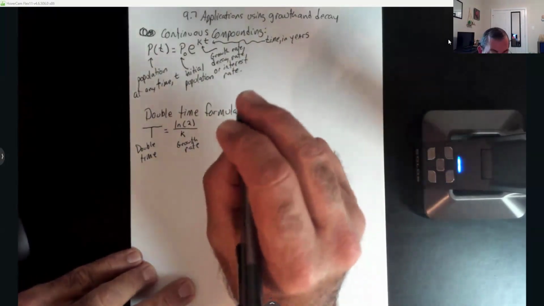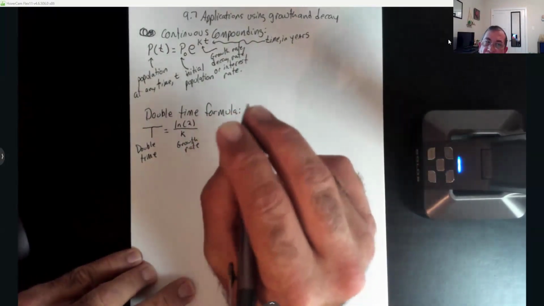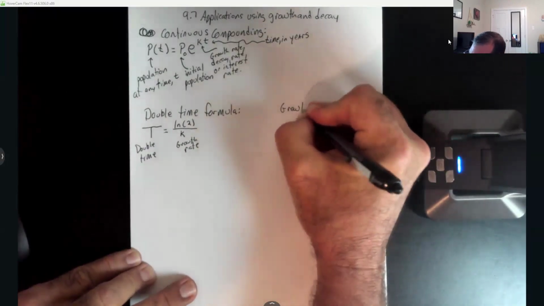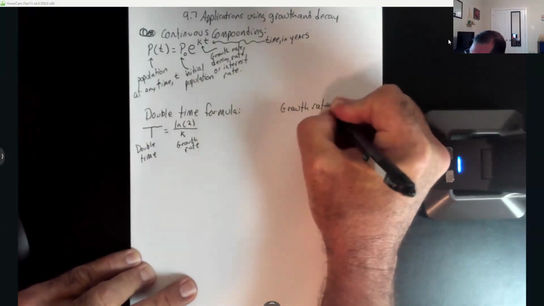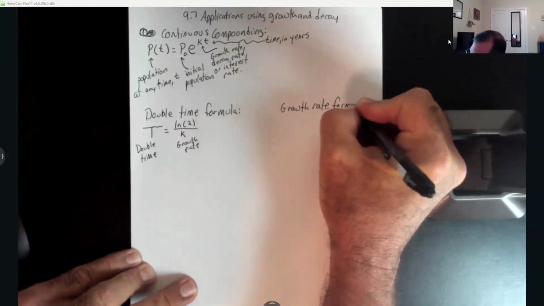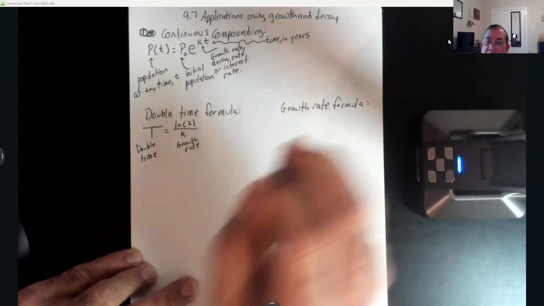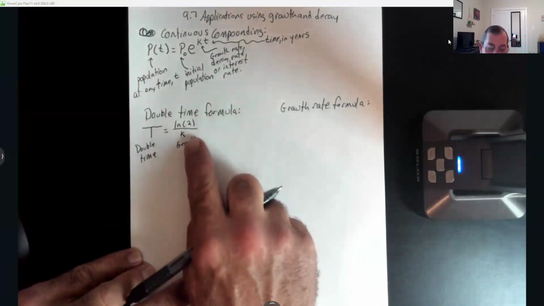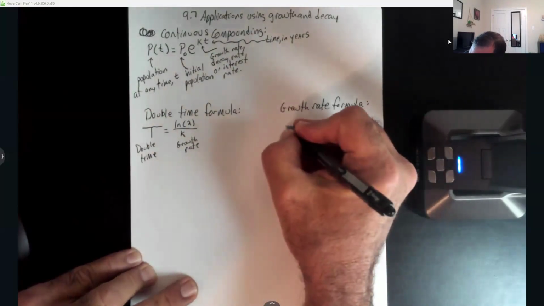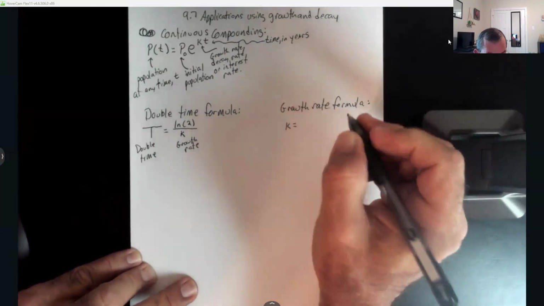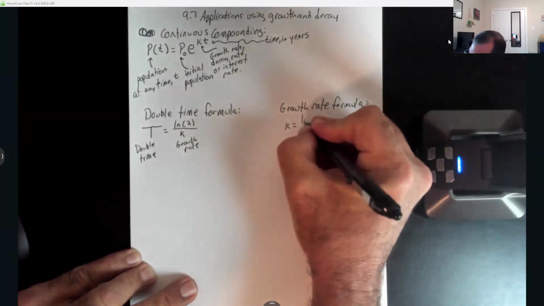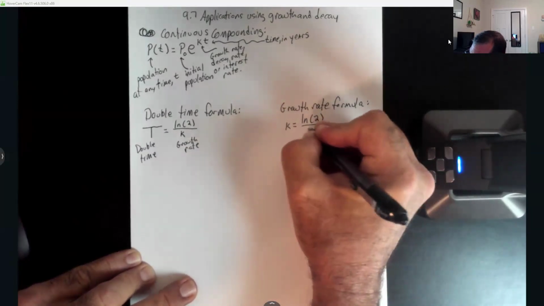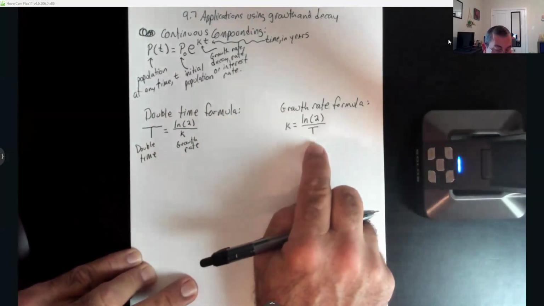Okay? Now, we can also find the growth rate formula. If I know the double time, I can find k. So y'all, k will equal the ln of 2 divided by our double time.